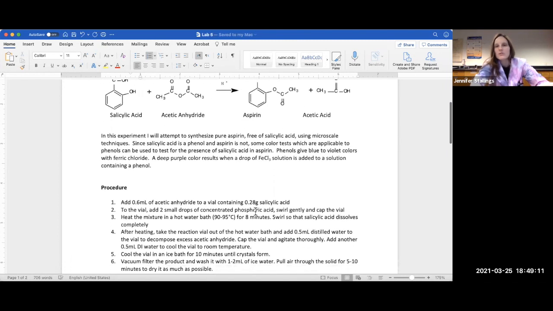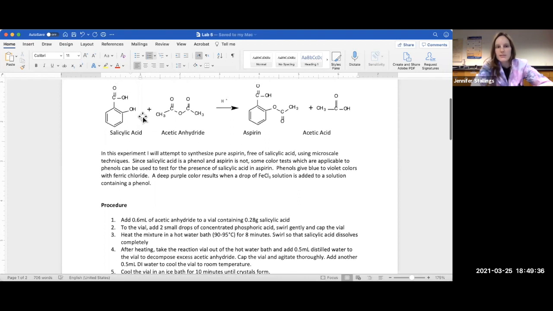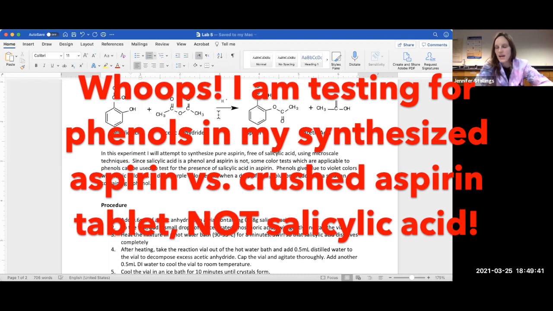I'm also going to perform a ferric chloride test. If you remember the last time I was here in lab, I did a bunch of tests for functional groups. One of them was the ferric chloride test. It was the Sunny D looking solution there. So I'm going to use my ferric chloride solution and test for phenols. That was the use of ferric chloride solution last time. I'm going to test for phenols in salicylic acid and also my synthesized aspirin.